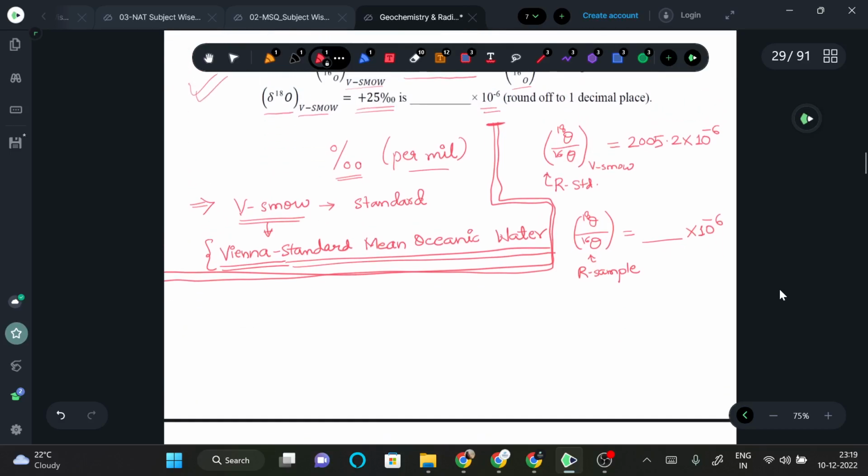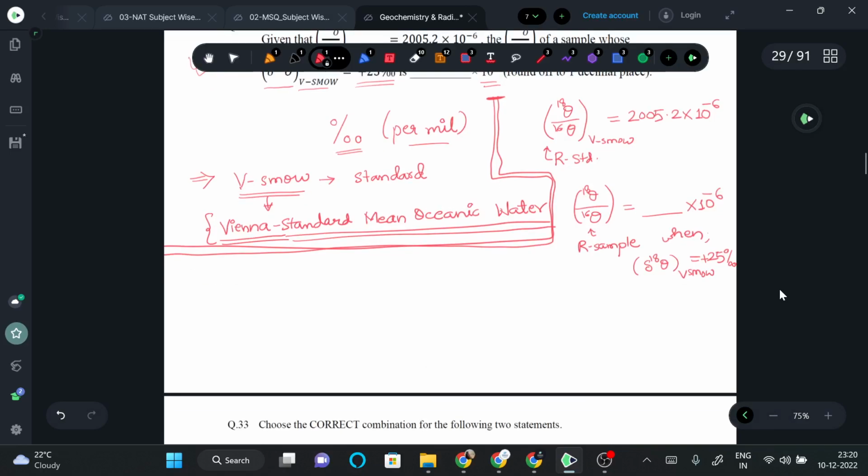One more condition is given: delta 18O VSMO is 25 per mil, and here it is actually plus 25.